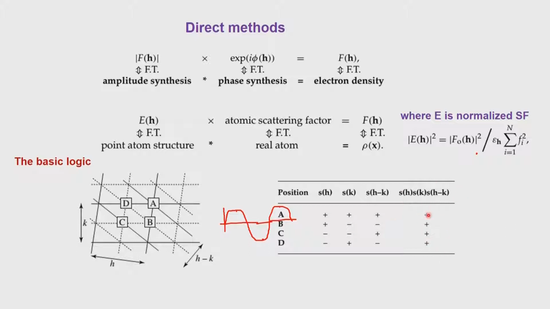So that would mean that wherever there is an atom, if you take intersecting planes, those intersecting planes should have a positive product. And this is the logic with which direct methods work, because as you go to lower and lower E values, the reliability with which you can assuredly say that these three products are positive becomes less and less. So you can calculate a certain probability that is associated with it.